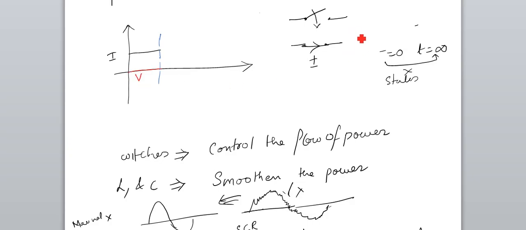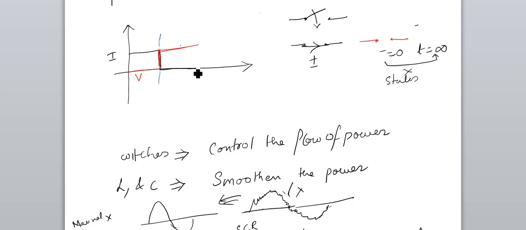Now what happens? Suddenly the switch gets off. Switch is open, so suddenly the current interruption comes. Due to the current interruption, the current should go directly to 0. But what will happen to the voltage? The voltage will go directly to the high condition, right?